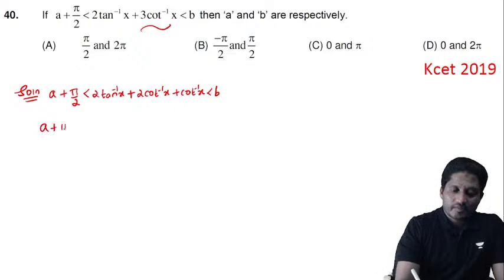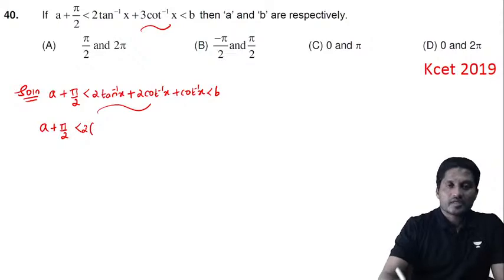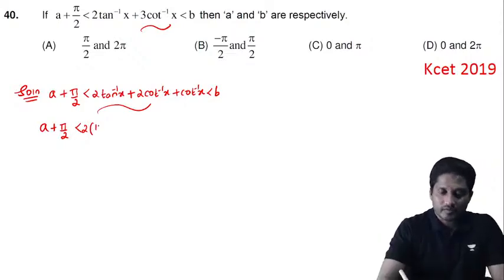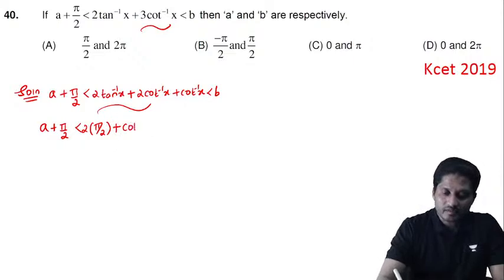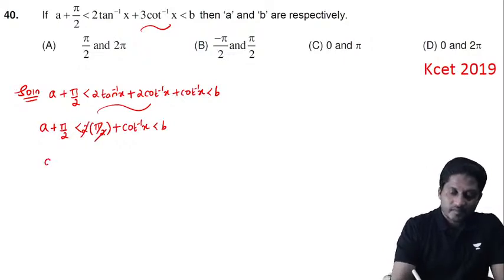Here you take 2 common, tan inverse plus cot inverse is pi by 2, plus this is cot inverse of x is less than b. 2 or 2 will cancel, and then this is a plus pi by 2 is less than pi plus cot inverse of x, and then this is less than b, right?